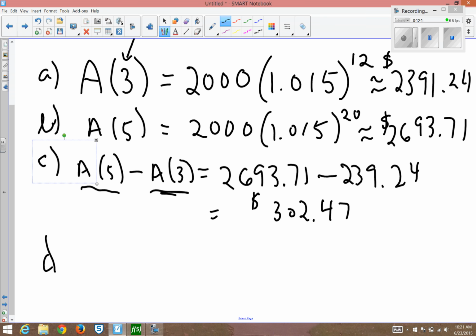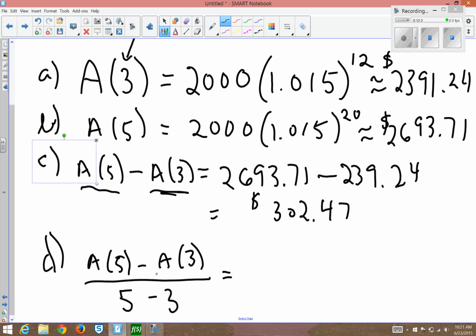Part D, A of 5 minus A of 3 all over 5 minus 3. So this numerator is the answer we got in part C. And the denominator is 5 minus 3, which is 2. When we divide these, we get approximately $152.24.